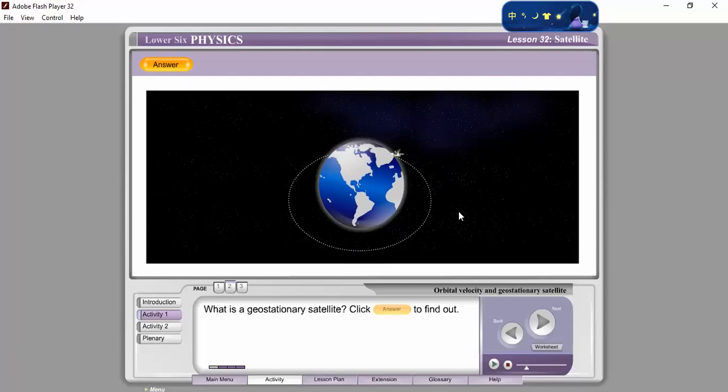If Malaysia launches a satellite for telecommunication purposes, we wish the satellite to always follow Malaysia. It is impossible that we launch a satellite and in the end it goes to another country. We don't want that. So this type of satellite, we call the geostationary satellite.